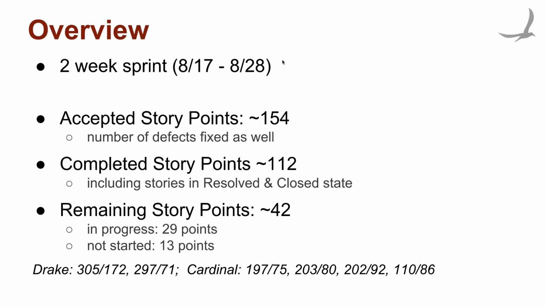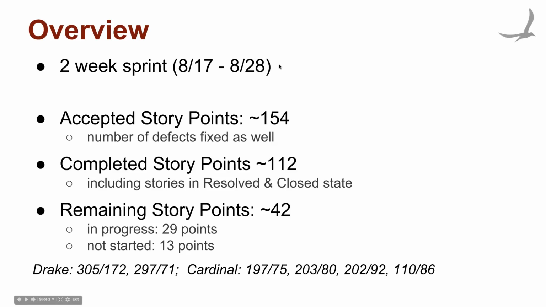This last sprint was a 2-week sprint, and consequently, we tried to appropriately adjust the number of points that we took on. So we originally took on about 110 points, but through the course of the sprint, there were additional points taken on because we had people that needed to finish certain things.